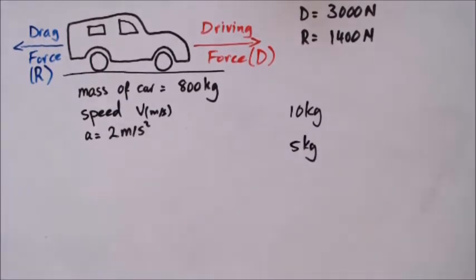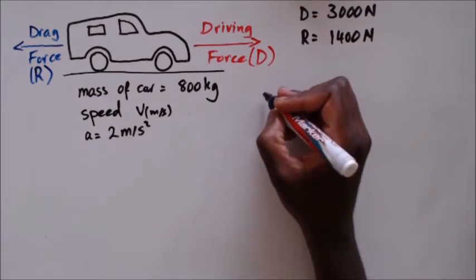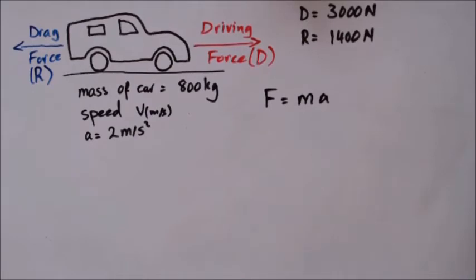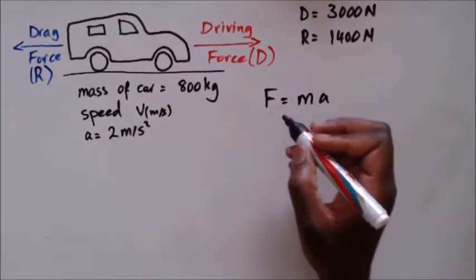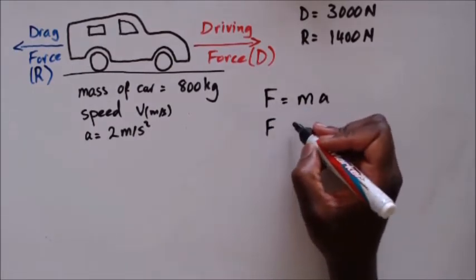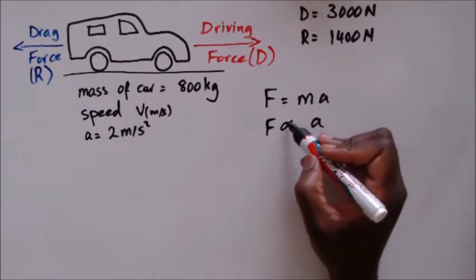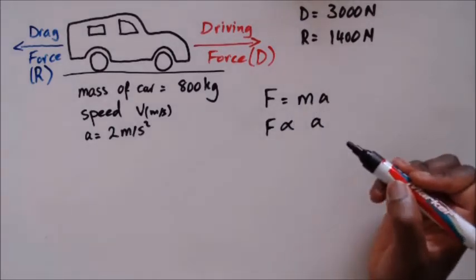But I think we need to complicate it a little bit more now that we are at this stage in physics and get a little bit more detail. And really what we want to do is think about mass in terms of Newton's second law, which tells us that F is equal to ma. And mass is the constant of proportionality between the resultant force and the acceleration. You notice that mass comes in and this proportionality sign goes from a proportionality sign into an equal sign.